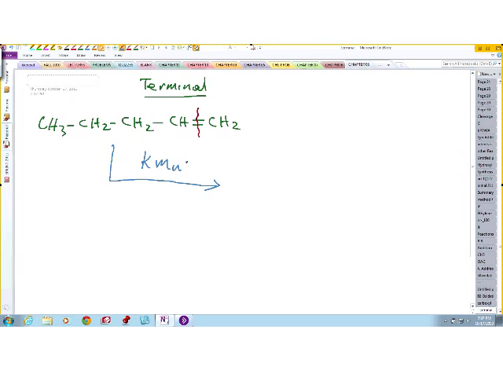This terminal carbon here becomes the carbon of the carbon dioxide.